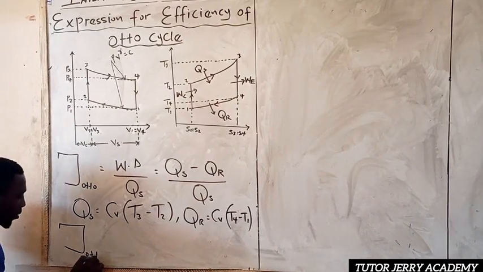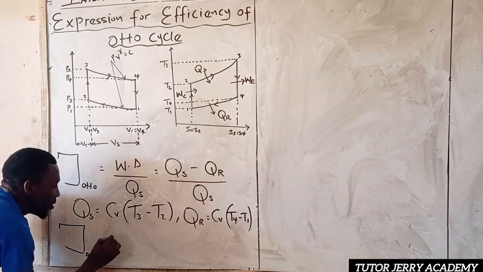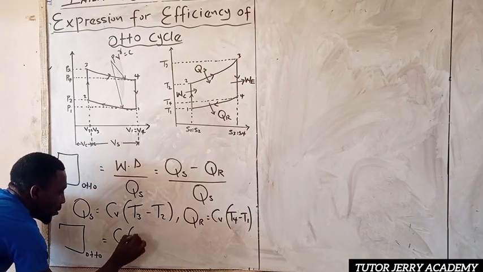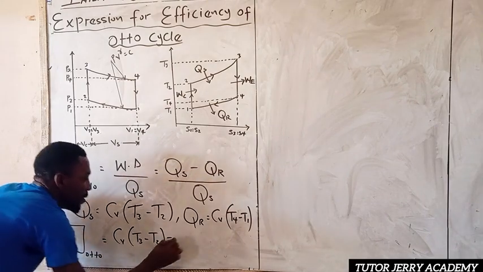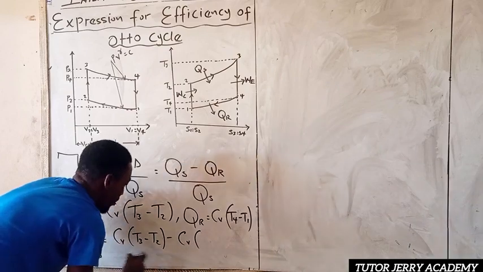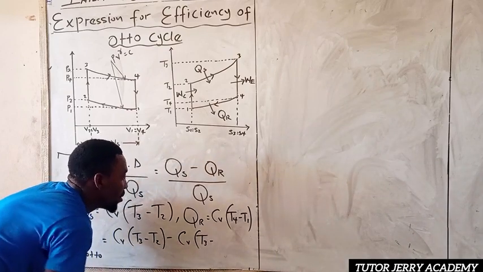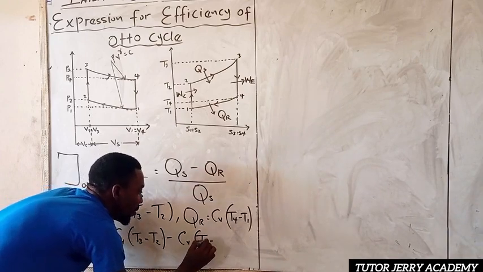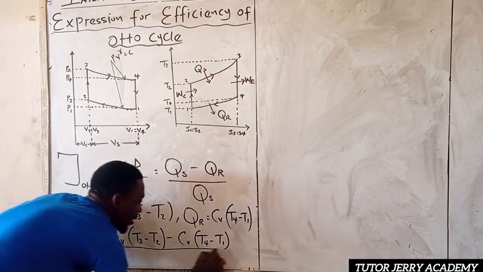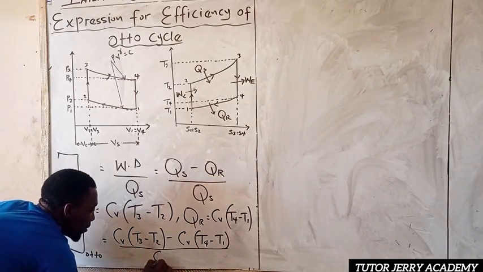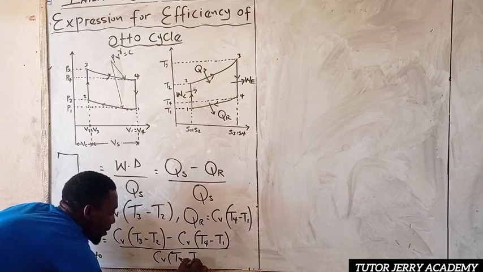So we are going to have Otto will be equals to QS here is CV into T3 minus T2 minus CV into T4 minus T1, all over CV into T3 minus T2.